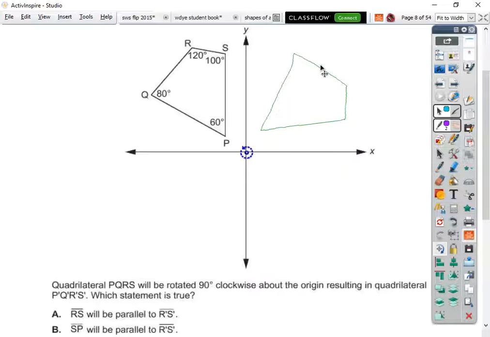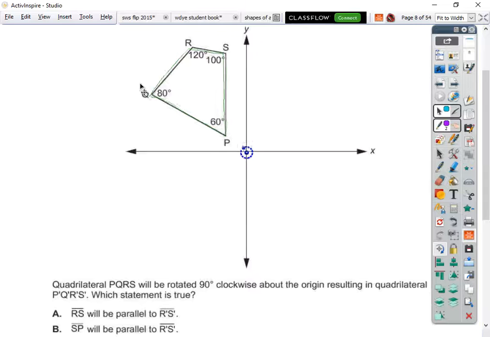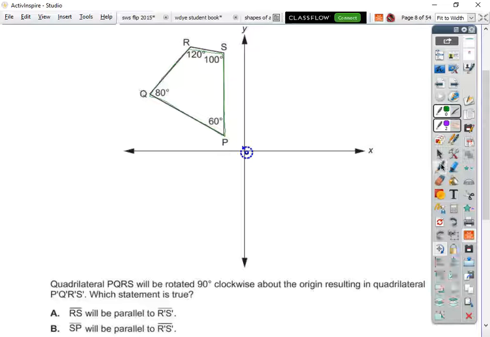Actually, you know what? Let's make life even easier. I'm going to rotate this back. Let's go cute. So I'm going to redraw it, but I'm going to put in my letters so that I don't have to guess. It'll make it easier to see where things end up.